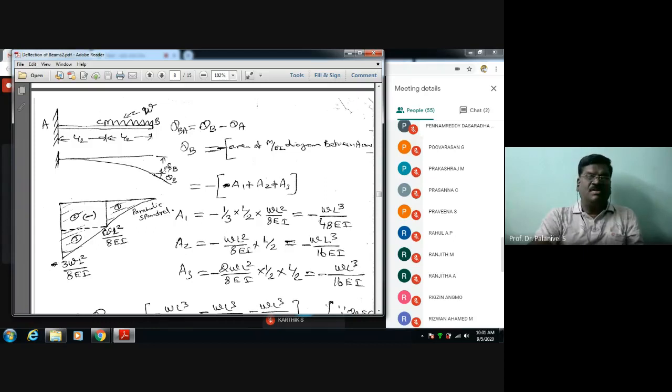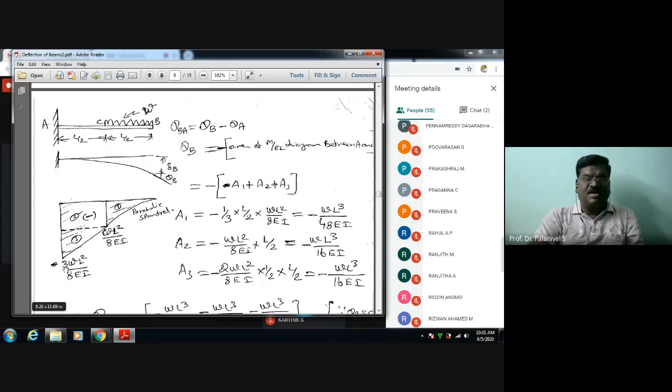Now we have drawn the M by EI diagram. This moment diagram we can draw because if any beam is given like this, you know how to draw the bending moment diagram. Already you have studied bending moment and shear force in the basics of mechanics of solids. You draw a moment diagram and divide each ordinate by EI.